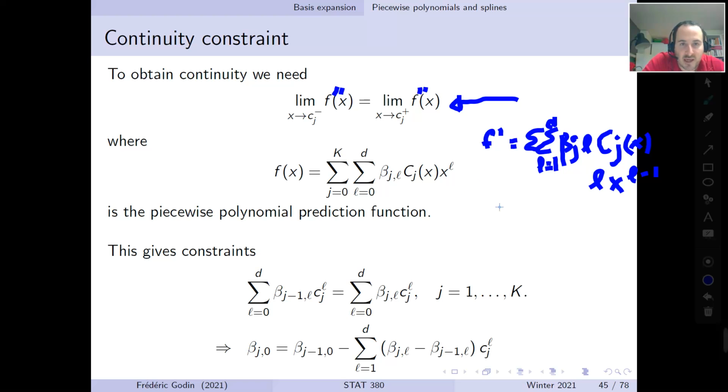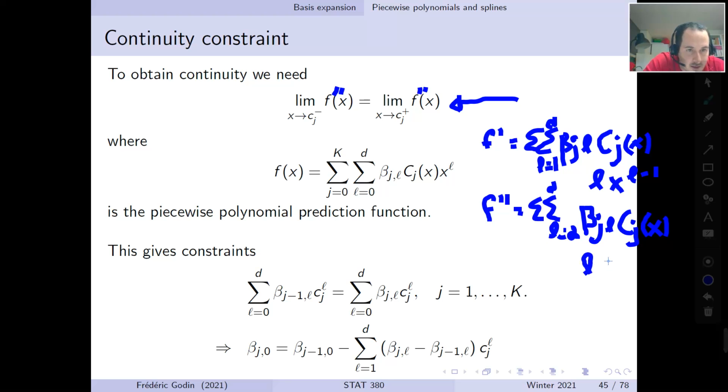And if you want the second order derivative, you just take this expression and differentiate twice. So you still have this double summation, but now the sum starts at 2 and goes to d, and you still have beta jl c j x, and now the second derivative of x to the power l is l times l minus 1 times x to the power l minus 2.